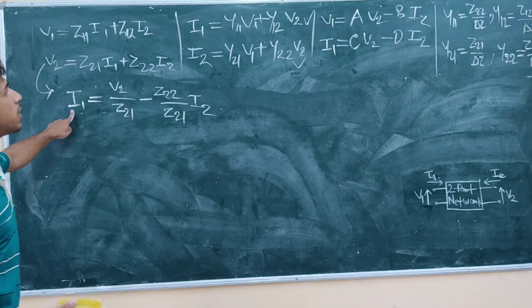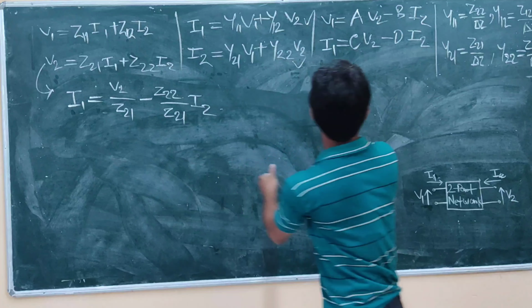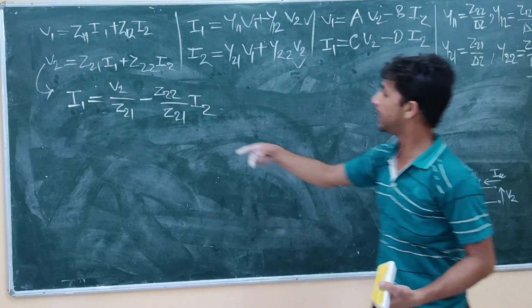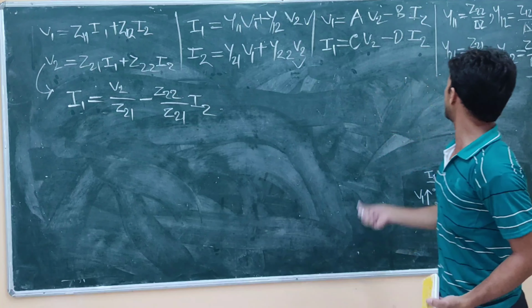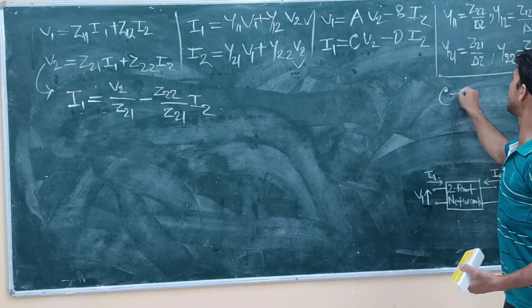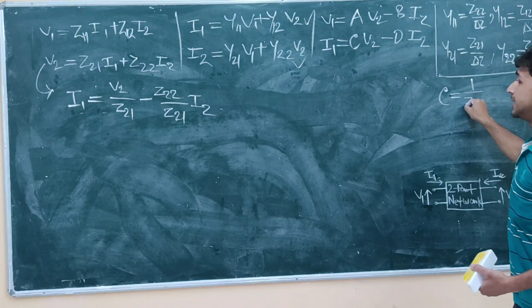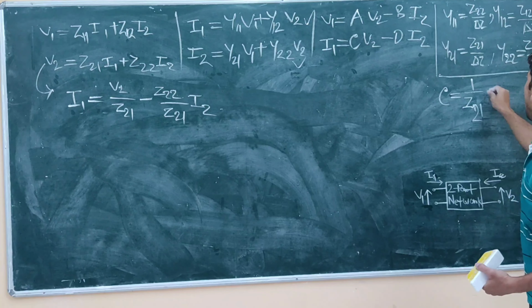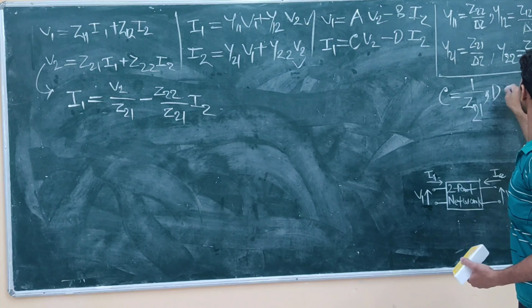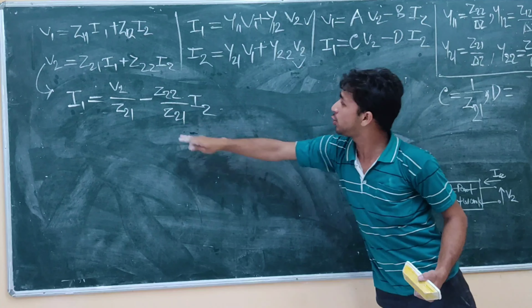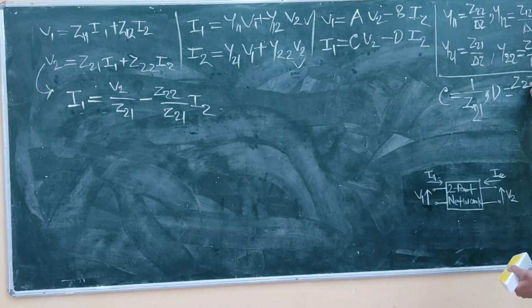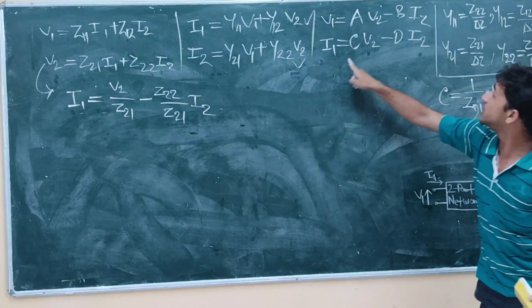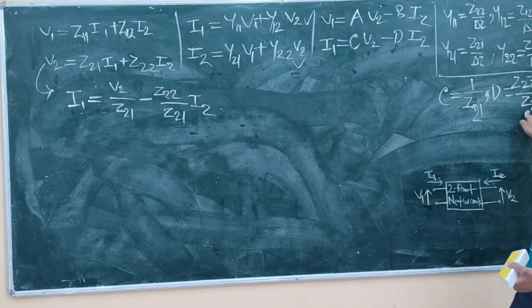Now compare this I1 with the transmission I1. Here we have V2 minus I2, here also we have V2 minus I2. So we get C equals 1 divided by Z21 and D equals Z22 divided by Z21.